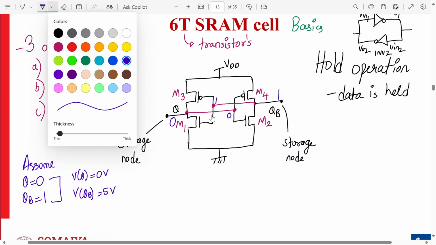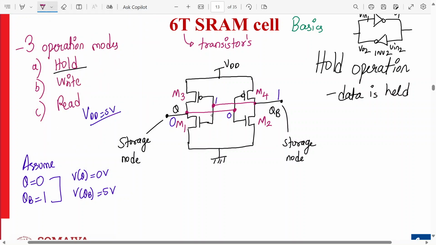Now tell me, whenever Q is 0, which transistor is on? Q is 0 means what? Which transistor is on? Come on, tell me. No, Q is 0. Output of inverter number 1 is 0. 0 means which transistor is on? M1, right? And M3 is off. Yes or no?